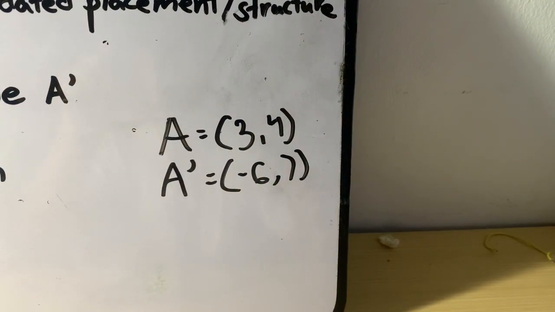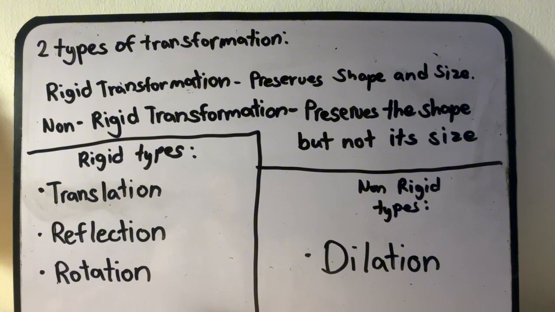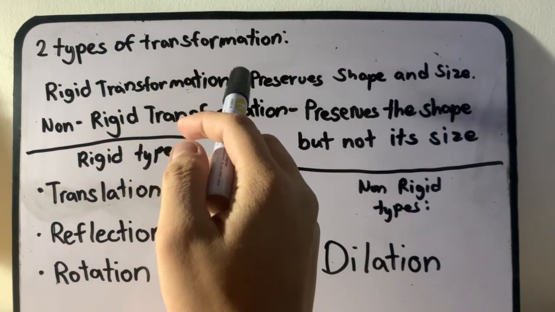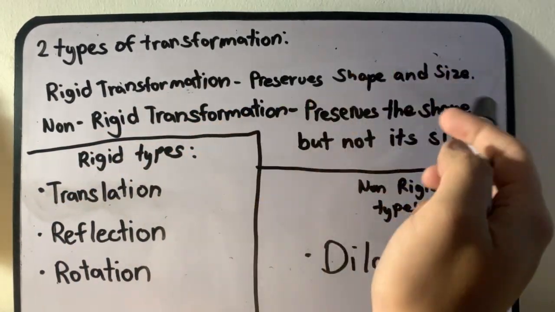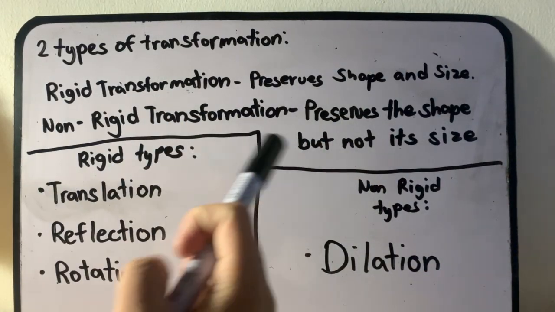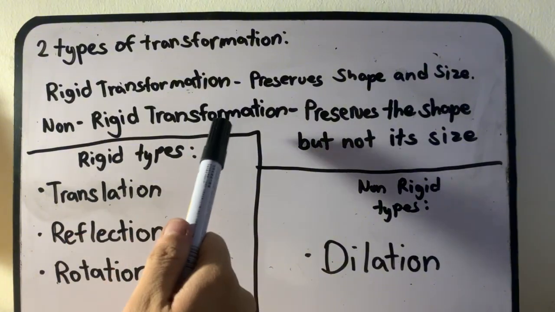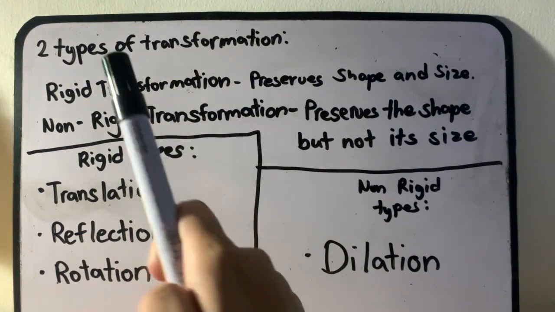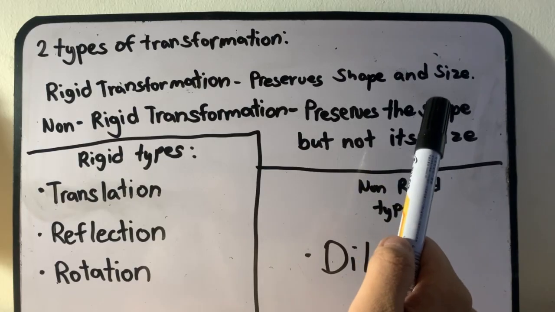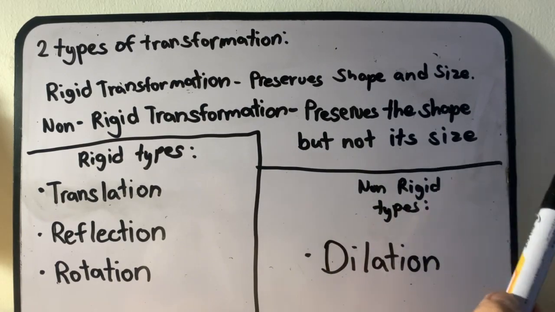That's easy, right? Because we're doing geometric transformation, we have two types of transformations. Rigid transformations preserve the shape and size of a polygon, but it's just moved somewhere else. A non-rigid transformation is basically the same as rigid, except the shape is the same but the size is not.